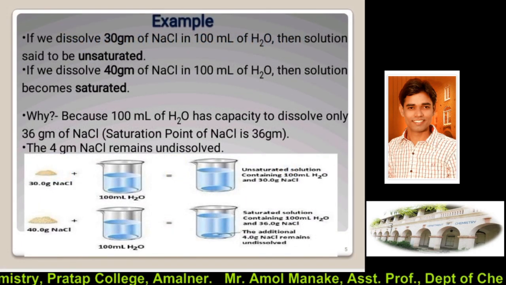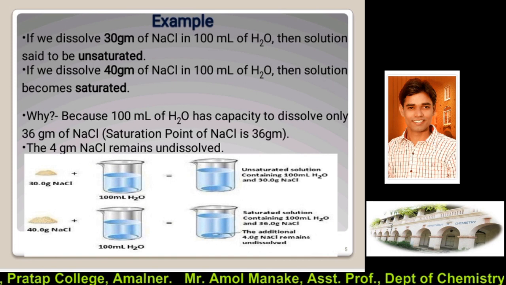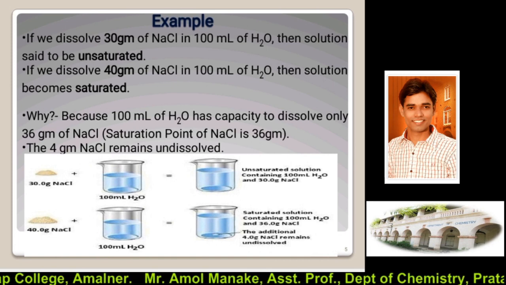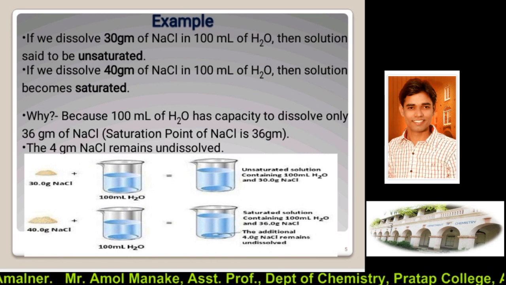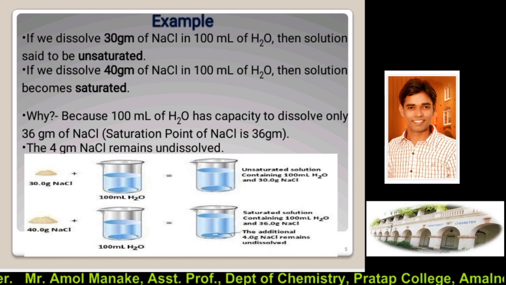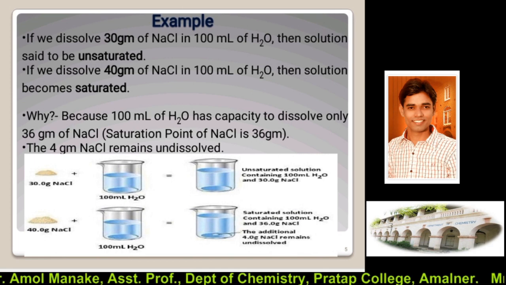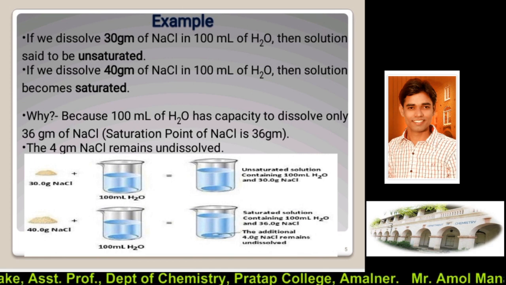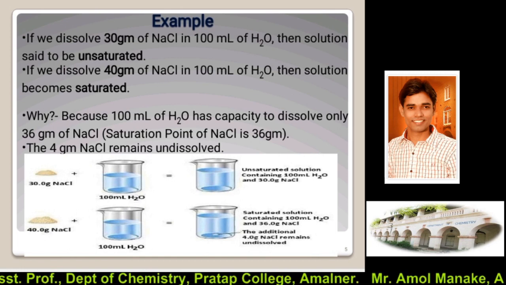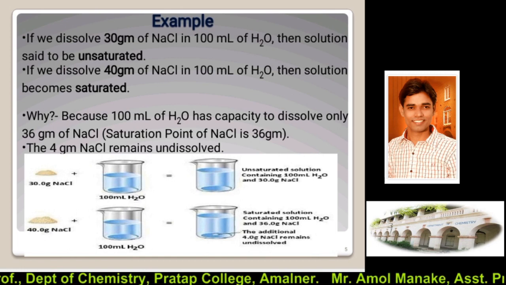For example, if we dissolve 30 gram of NaCl in 100 ml of water, then the solution is said to be unsaturated. And if we dissolve 40 gram of NaCl in 100 ml of water, then the solution becomes saturated. Why? Ask the question to yourself.